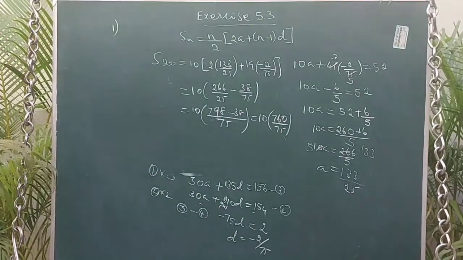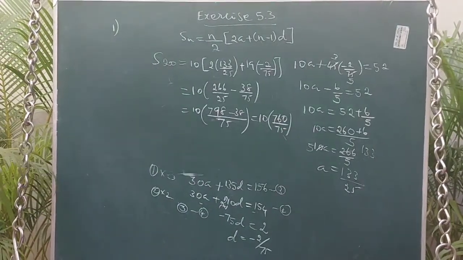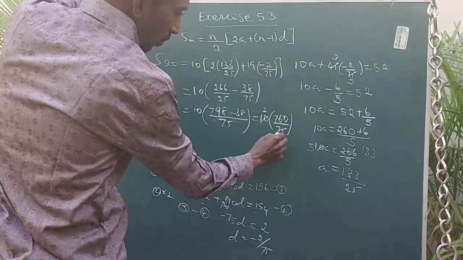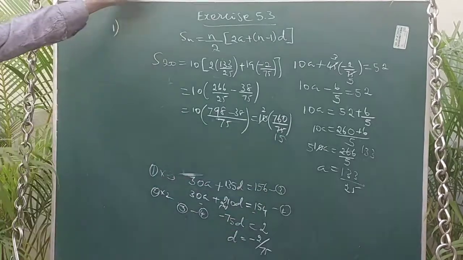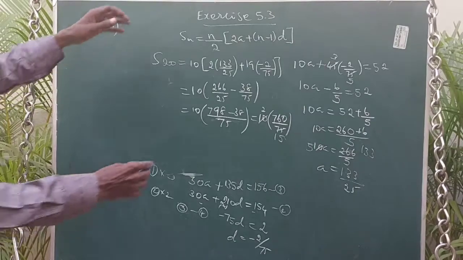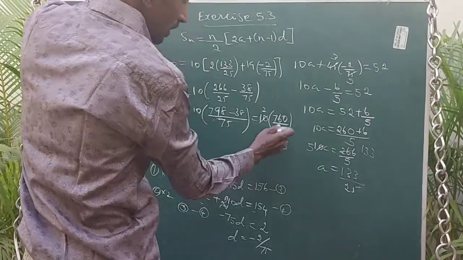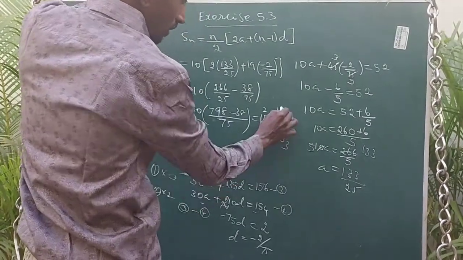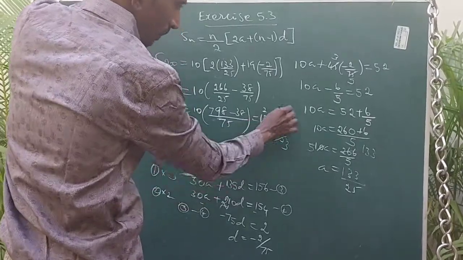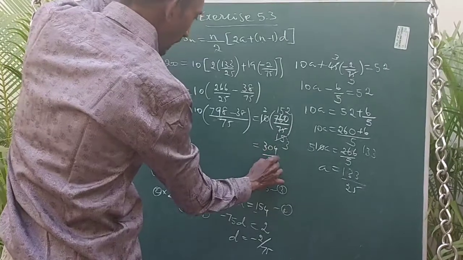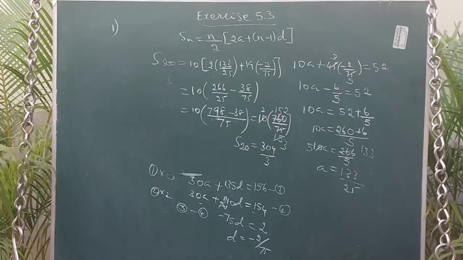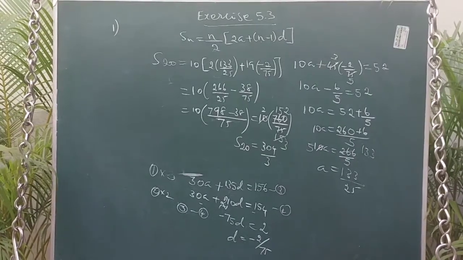So cancel and simplify. Here we cancel by 5, so 2 times, and here 15. And also we can cancel again by 5. So here 3 times, here 1 time, remaining 5 times and 2. So multiply by 2: 304 by 3. So S20, the sum of first 20 terms, is 304 by 3.